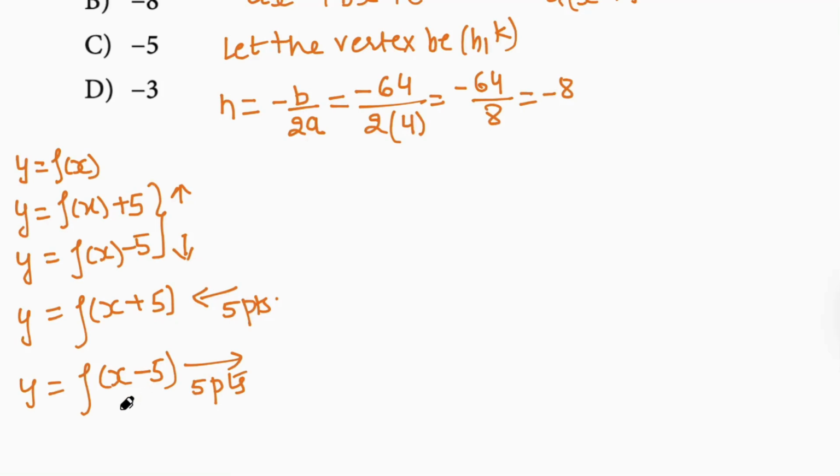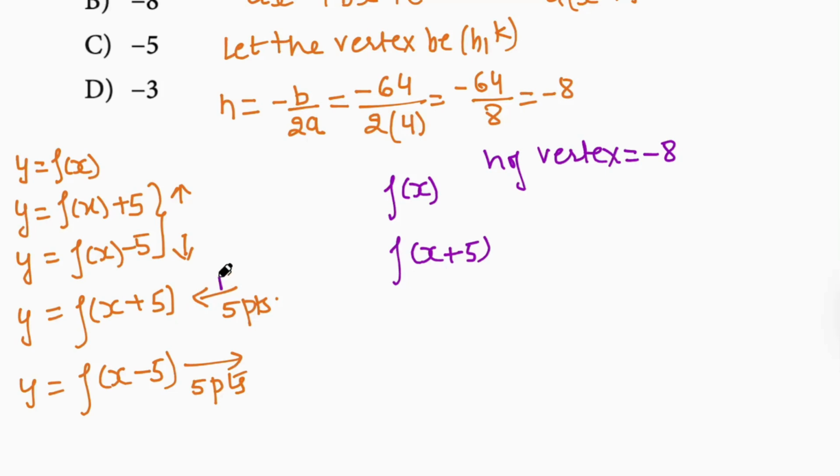Why this happens is again a constant, but if you want to learn it, you can learn it this way: the vertex will also be moved like this. So if f of x is a function and the h coordinate of the vertex is -8, then for f of x plus 5, this point will move 5 points to the left.